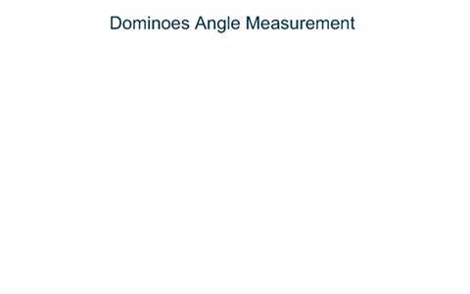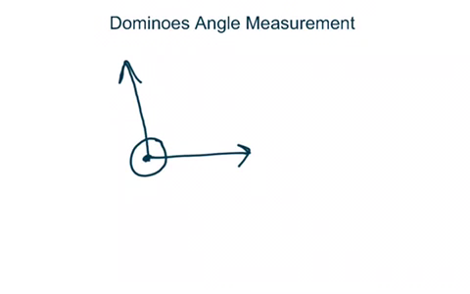We know that angles are geometric shapes that are formed wherever two rays share a common endpoint. We also know that an angle is measured with reference to a circle with its center at the common endpoint of the rays.